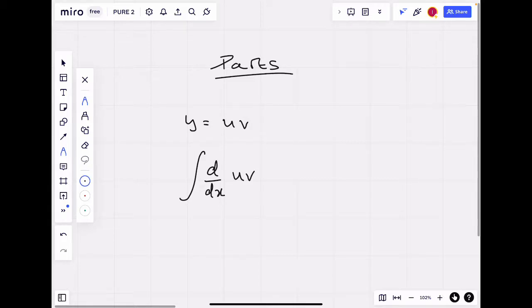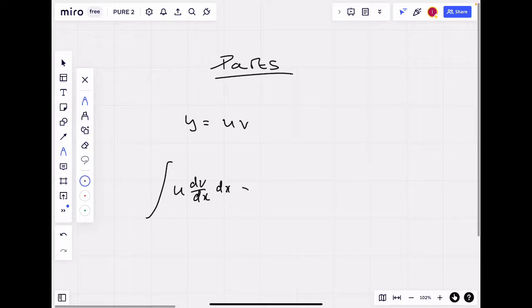Now, in order to do this, we're going to change this up a little bit. There's a certain formula which you're going to use. The formula for integration by parts looks like this. Your integral is going to have u and dv by dx with respect to dx.